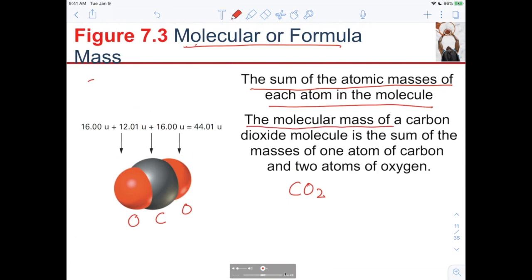The molecular mass of a carbon dioxide molecule is the sum of the masses of one atom of carbon and two atoms of oxygen. So carbon dioxide has one carbon atom and two oxygen atoms. Each carbon atom weighs about 12.